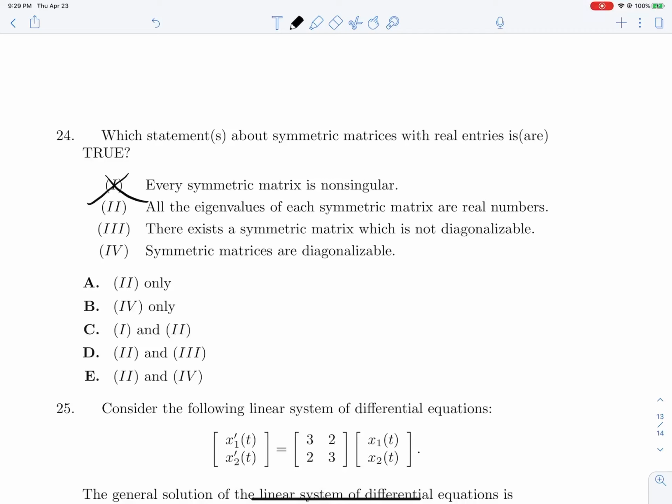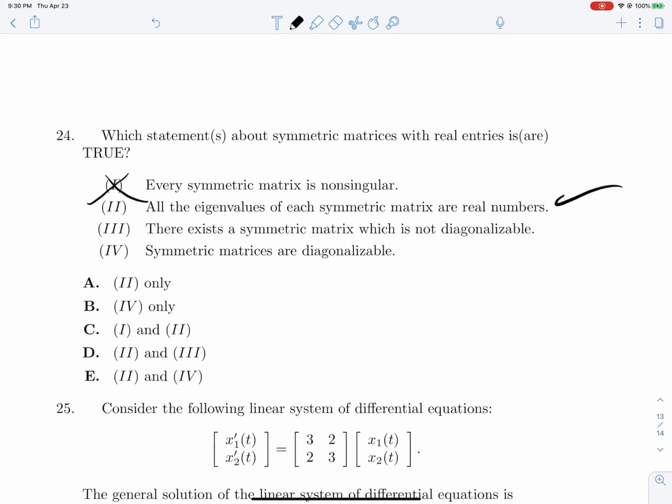I remember from the spectral theorem of symmetric matrices from section 7.1 or 6.7, right near the end there, says that matrices that are symmetric are always orthogonally diagonalizable, and one of its other points is that they always have n real eigenvalues. And so yeah, this should be true, although I'm not exactly sure how to directly prove it.